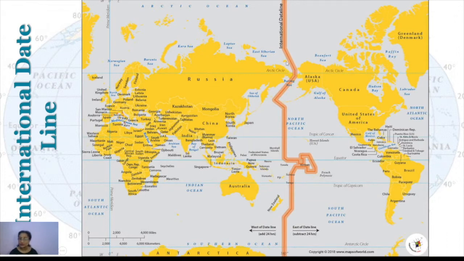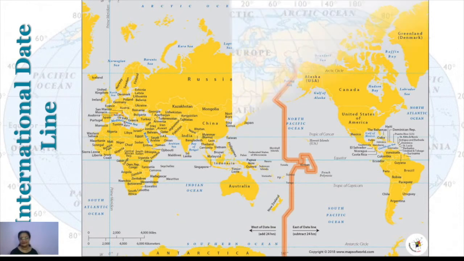That means it is not crossing any landmass. Again, it has come to its own position. Again, because small islands are lying in between, it has come to the other side, and again it's back to its own position. Wherever it meets islands, it has moved to the other side of them. That means any island will have one particular date. Understood now? This is the main purpose behind its zigzag nature.